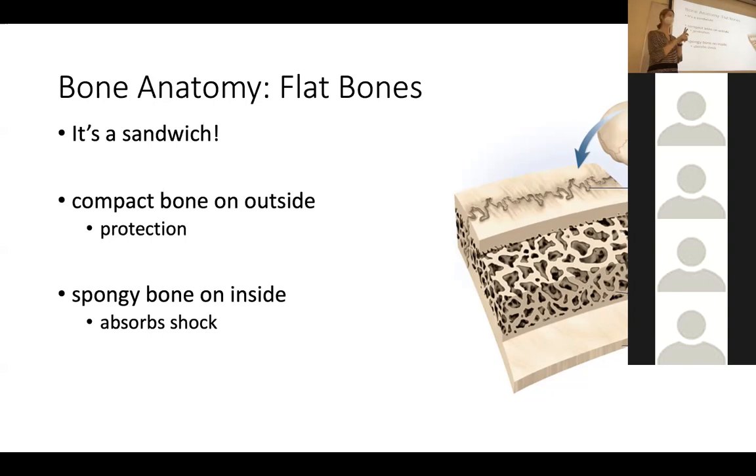Shock absorption plus protection is the importance of these flat bones, and that's really all I'm going to talk about with the flat bones. There were also the short and the irregular shaped bones that I mentioned. I'm not really going to go into detail on their anatomy. I'll talk about them when we get back into the skeleton, but the long bones and the flat bones are the only two where I'm going into detail here. Okay.